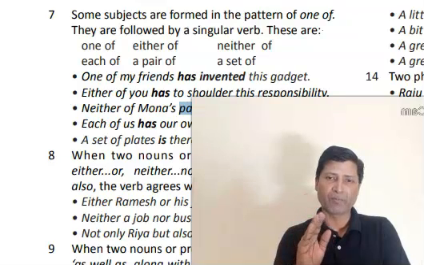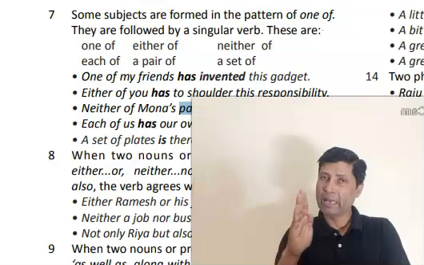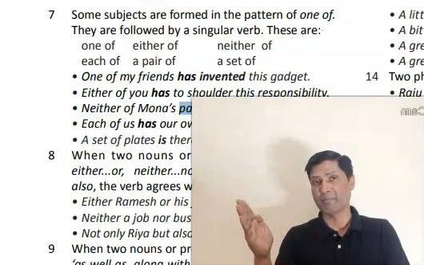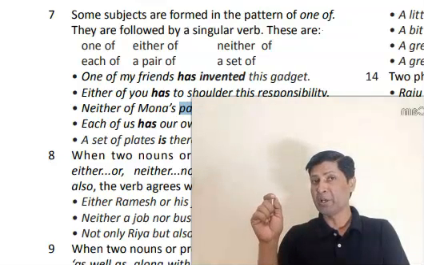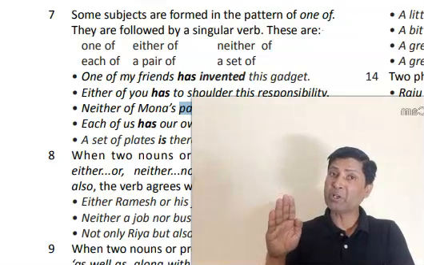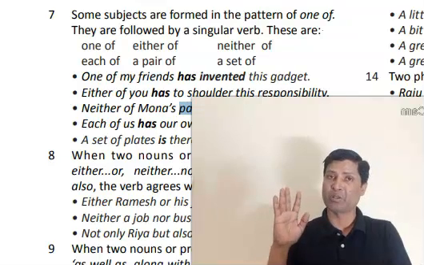But for the time being, try to understand. Any noun coming after a preposition is called the object of that preposition. Pay attention to this: the object of a preposition cannot work as a subject.